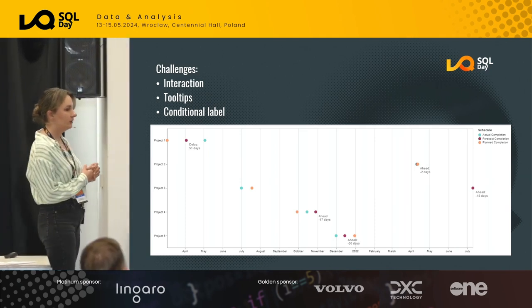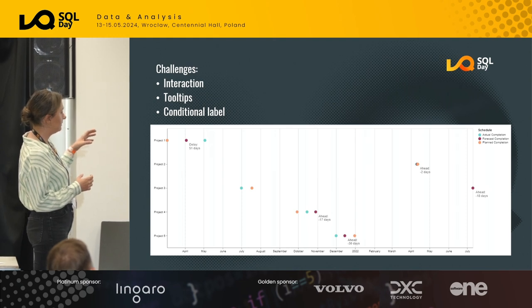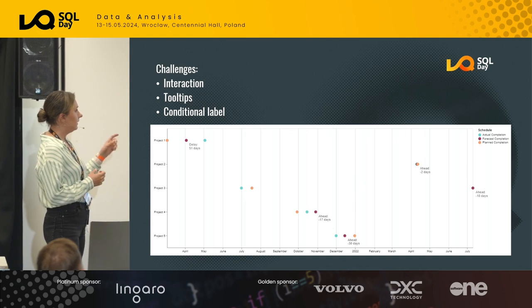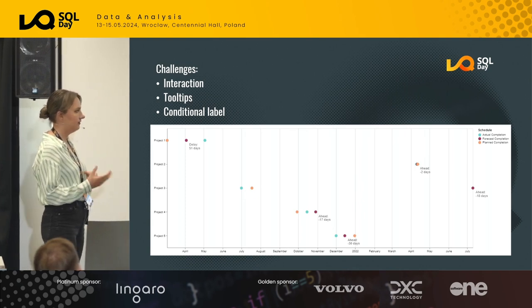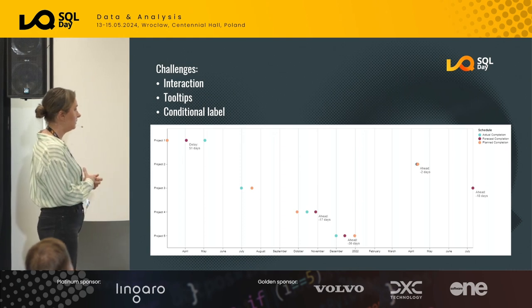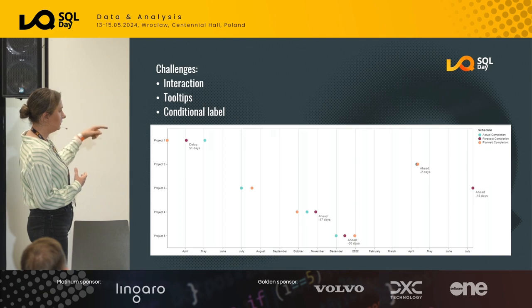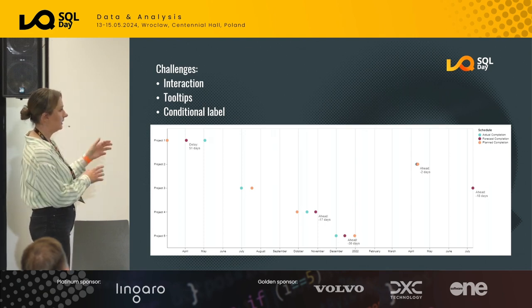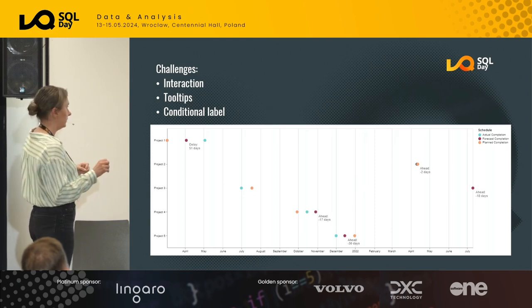So it is very similar to the previous one. It has a couple of differences. First of all, which is the last on our slide, we have the conditional label here. So let me provide some background of what this visual is. We have some timeline again. We have different projects, and we may see the completion dates, which are the forecasted completion date, the planned completion date, and the actual completion date.